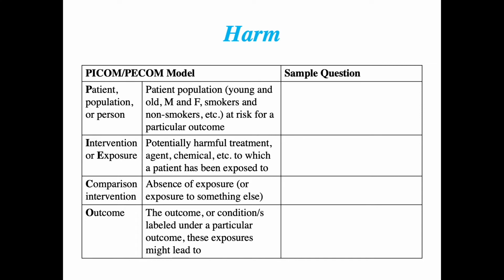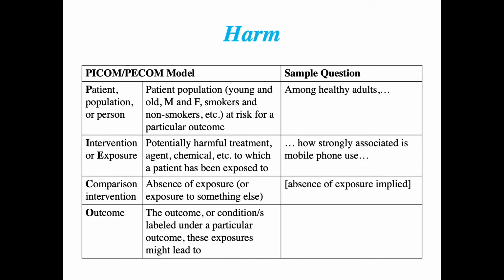Okay, so let's look at a sample question to make things hopefully clearer. Among healthy adults, how strongly associated is mobile phone use, compared to absence of mobile phone use, with the risk of developing brain cancer? This was from, let's say, 20 years back, when there was this controversy about cellular phones being implicated in brain cancers.